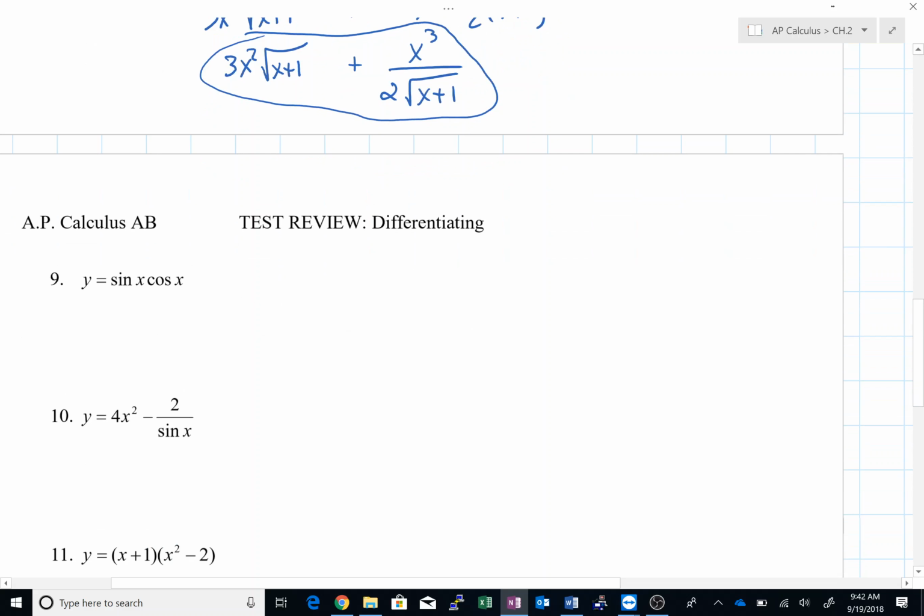All right, here we go. Product rule. Derivative of the first times second, and derivative of second times first. So derivative of sine is cosine, and what's the derivative of cosine? Negative sine.